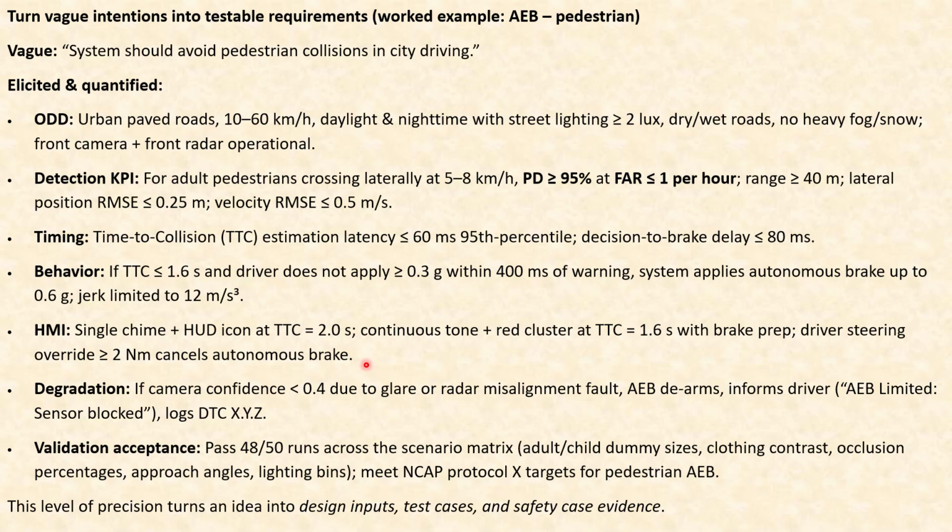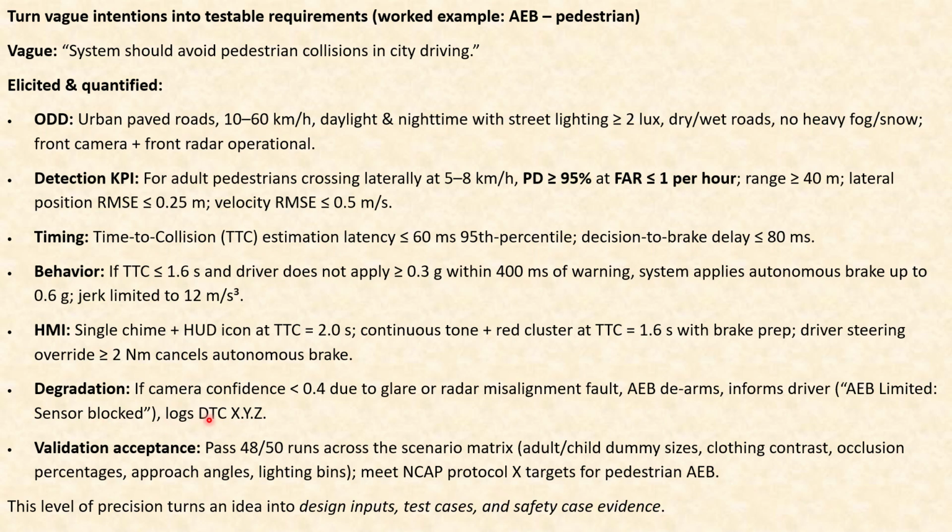Now, when it comes to degradation: if camera confidence is less than 0.4 due to glare, or a radar misalignment fault, AEB de-arms and informs the driver. AEB limited, logs DTC XYZ.